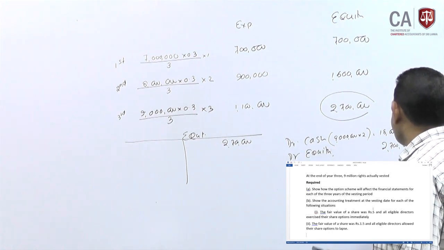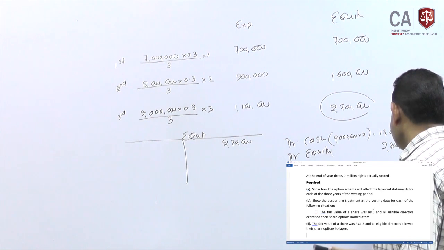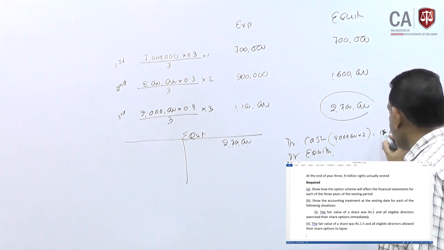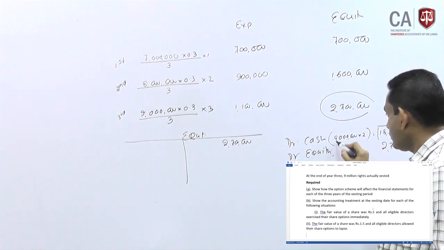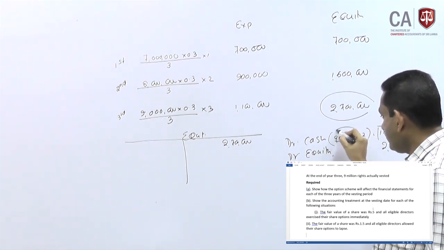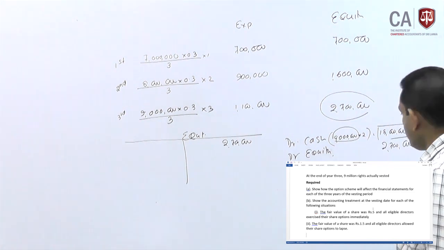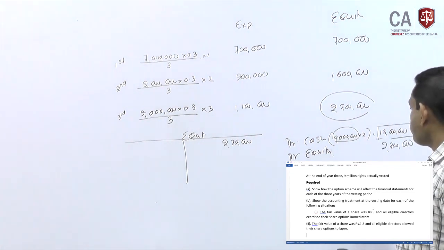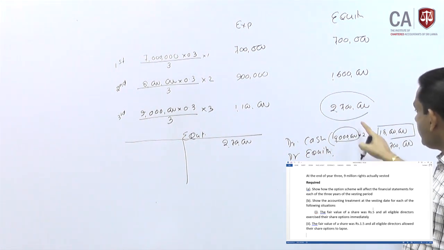We will take the total amount 18 plus 2.7, you credit 20.7 million to share capital. The amount that you received in cash is 2 rupee for a share. How does it come? 9 million shares into 2 rupee, that is what the directors promised to pay, 18, and we had 2.7 million in the equity account.